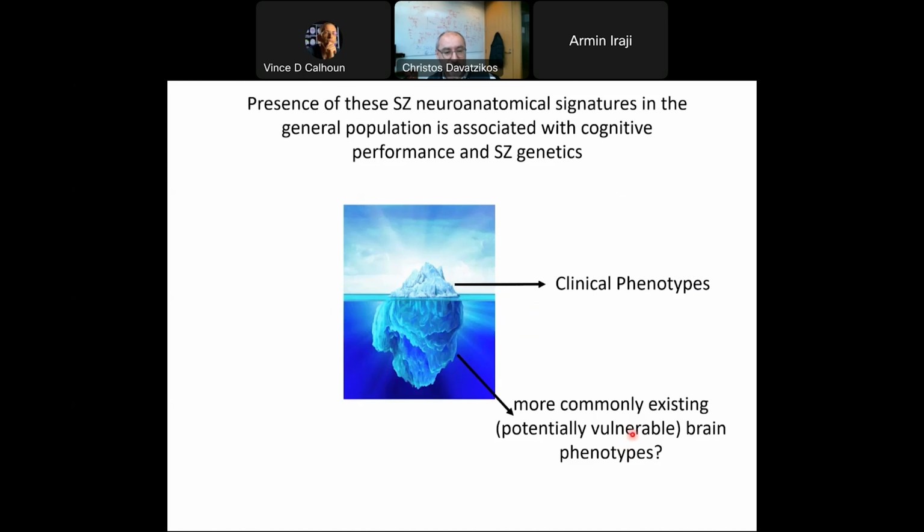So it's very interesting, and again it emphasizes something that I think most people would expect, that these clinical phenotypes are just the tip of the iceberg, and that there's a lot more happening underneath, including things that are detectable in cognitively normal individuals that do not necessarily translate to clinical phenotypes.